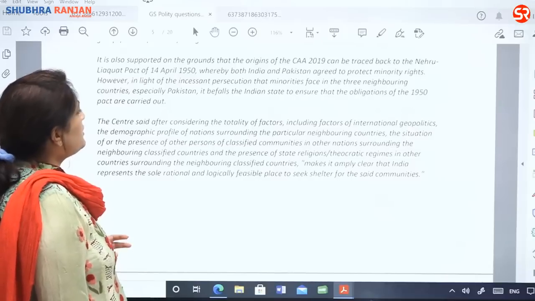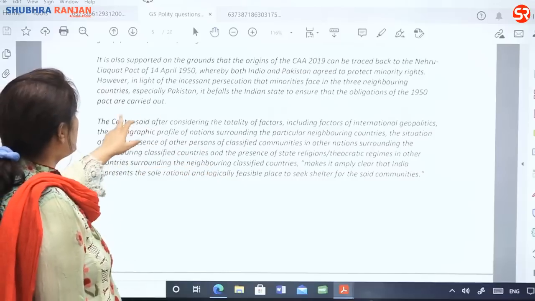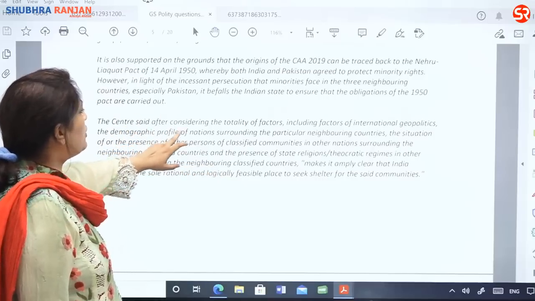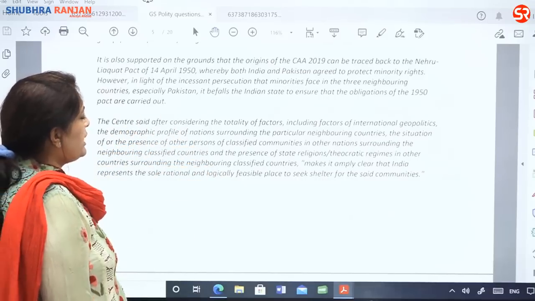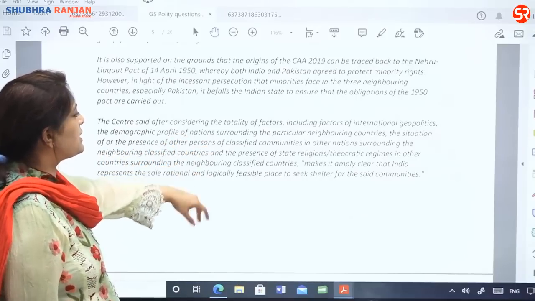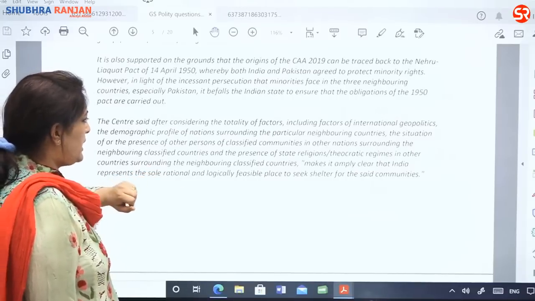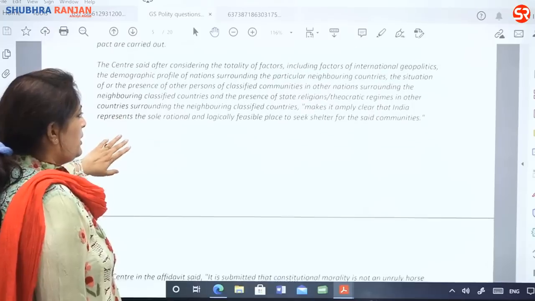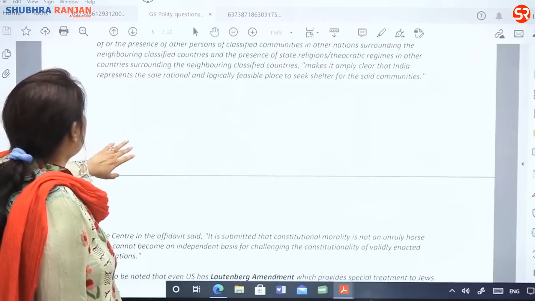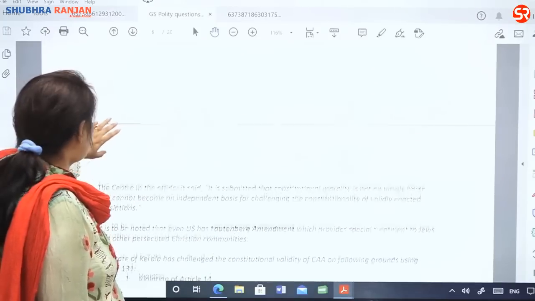The Center said, after considering the totality of factors of international geopolitics, the demographic profile of the nations surrounding, and the situation or presence of other persons of classified communities in the neighboring areas, it is amply clear that India represents the sole rational and logically feasible place to seek shelter for the said community.